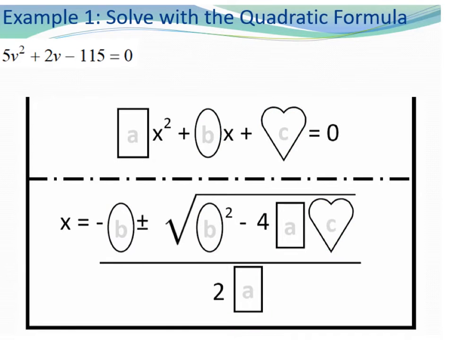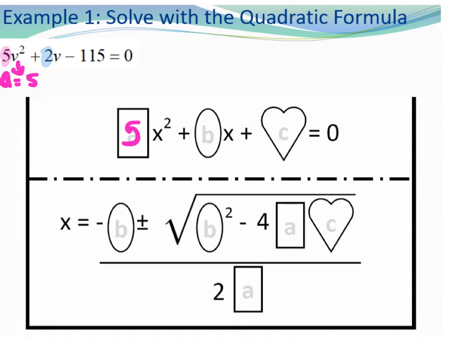In this first example, the first thing we have to do is identify the values of a, b, and c. Now, the number in front of the square term is a, which in this case is 5. So we can first say that a equals 5, and we can fill that into the box below. The number in front of the variable x is the value of b.